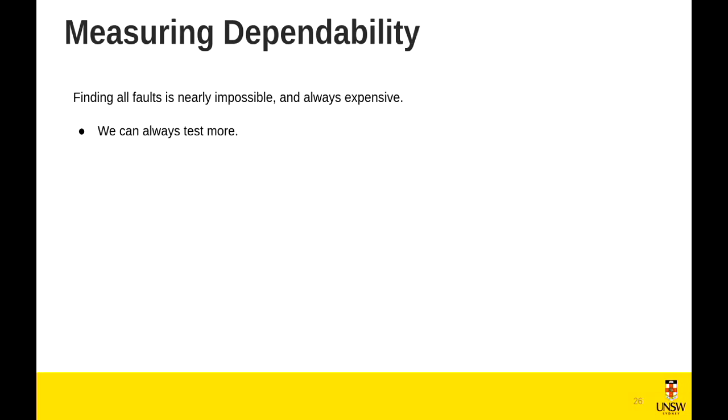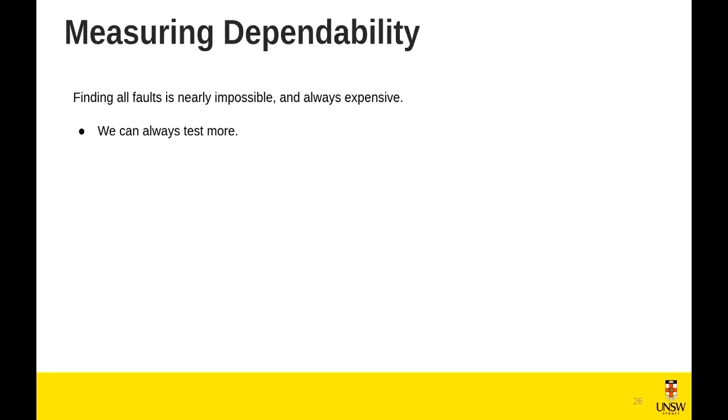We know that finding all the faults in software is nearly impossible and always very expensive. That's why many big companies pay very high bug bounties to white hat hackers who report bugs for their products. It is very expensive to find all the bugs, and it's impossible in reality.